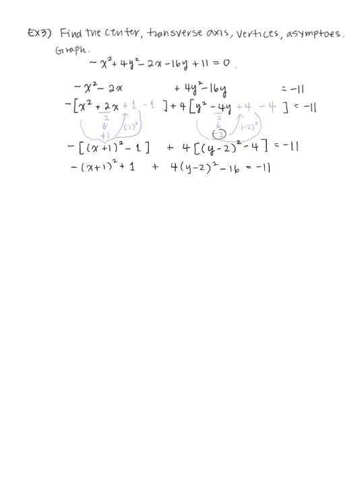So we get negative x plus 1 squared plus 4 times y minus 2 squared equals negative 11 minus 1 plus 16. Is that a 4? And at the end, we have to make the right-hand side equal to 1, so we need to divide every term by 4.